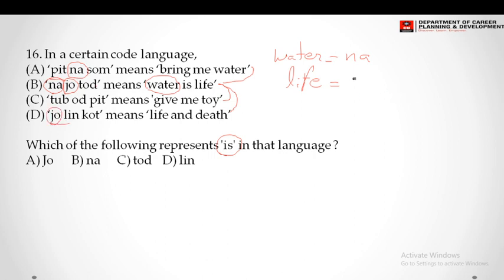So life is Jo. So we are left with only one word, and the code left is Tod. So the code is Tod. So option will be C. So for question number 16, the answer will be C, Tod.